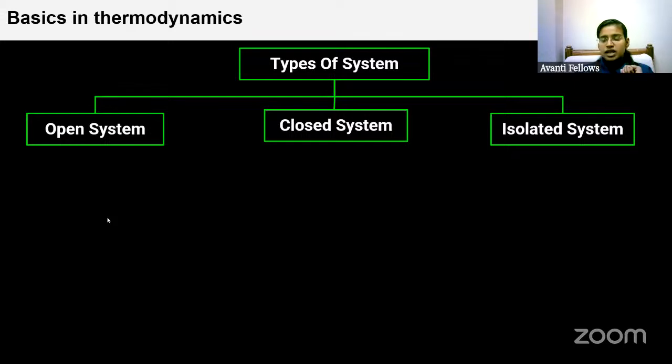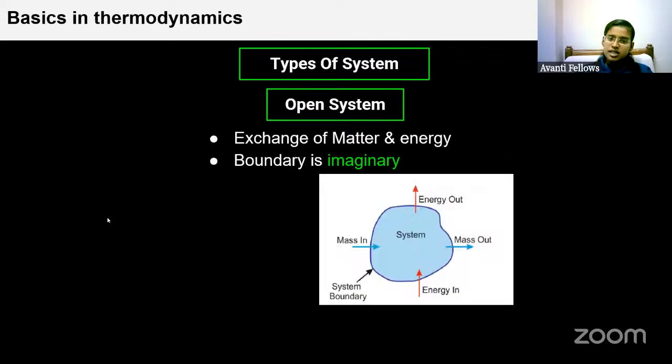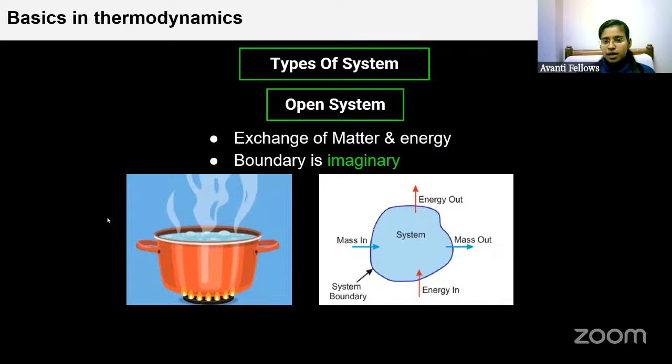What is meant by an open system? In an open system, exchange of matter and energy takes place, and the boundary is imaginary. The energy and the matter both get exchanged. Taking the same example used for the imaginary boundary: matter means the water present inside, which is getting converted into water vapor, so matter is going from inside to outside.